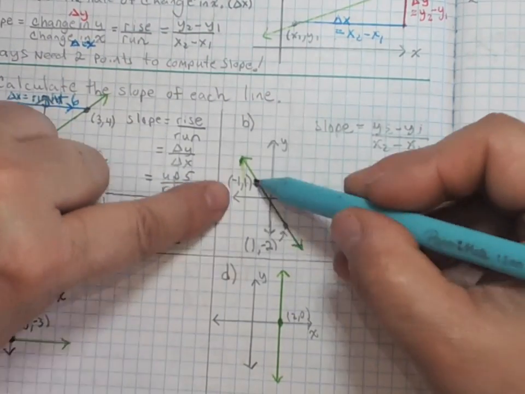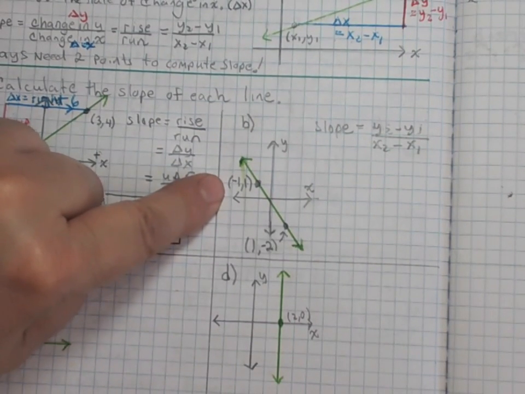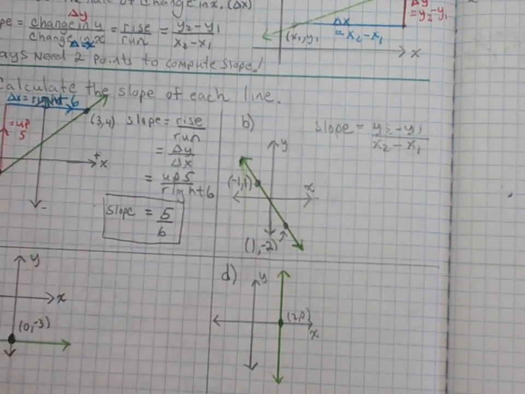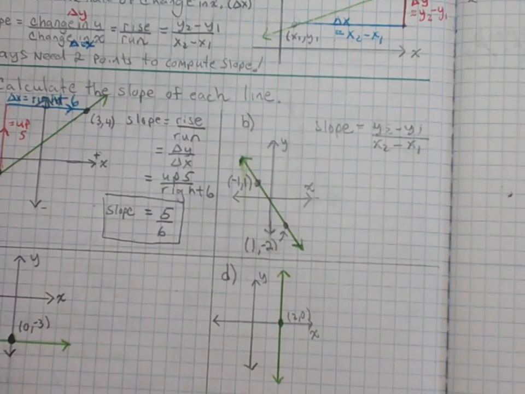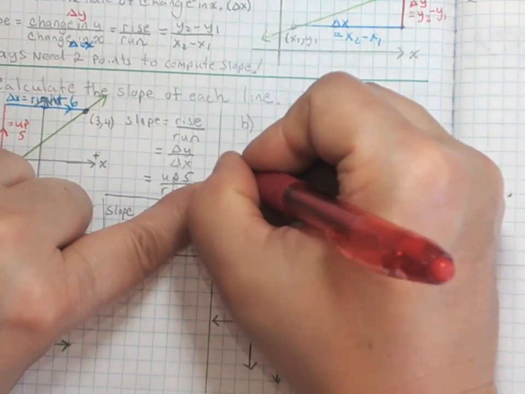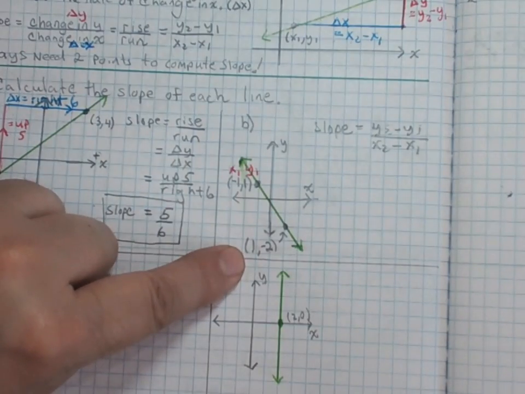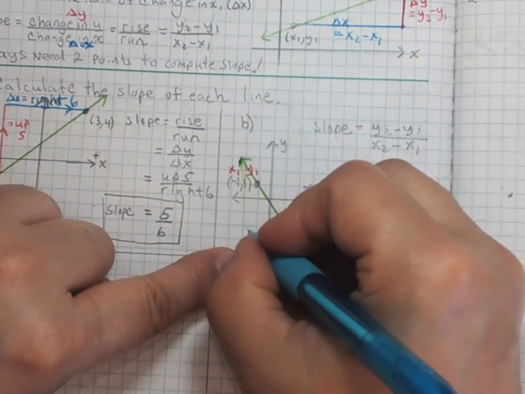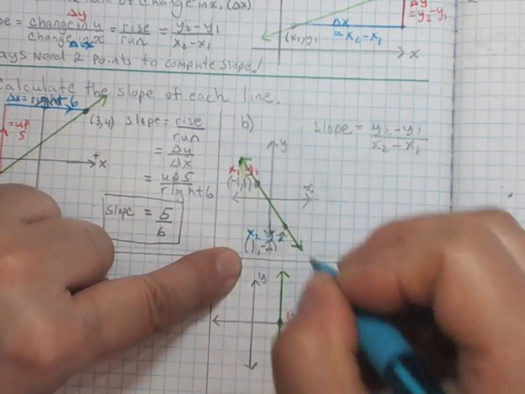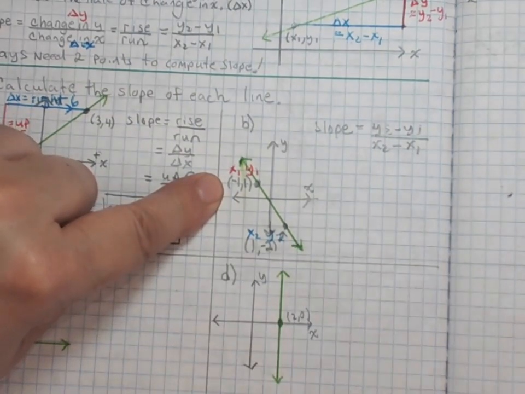Well, that depends on which one you want to be the first point and which one you want to be the second point. So that's a matter of choice. What if I call this my first point, x1 and y1, and the second point x2 and y2? So you see how I'm labeling using the coordinates, so that way I can plug these in really easily.